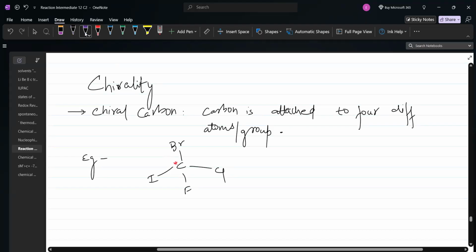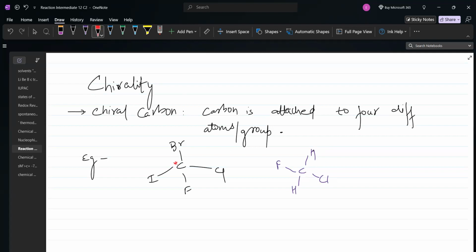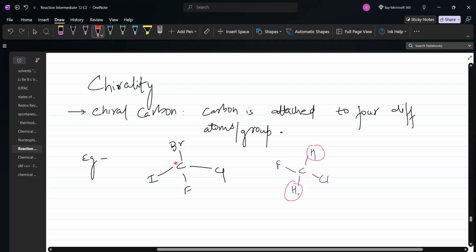When we see a carbon like this, with hydrogen, chlorine, carbon, and chlorine, hydrogen, what we are seeing here is that we have two hydrogens present.